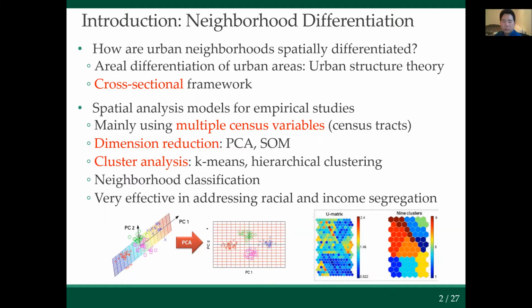To classify and identify different groups of neighborhoods, classification techniques such as k-means clustering and hierarchical clustering were employed. Those academic works were very helpful to extend our knowledge about our reality and the neighborhood divisions where we are living now, like racial segregation and income segregation issues.